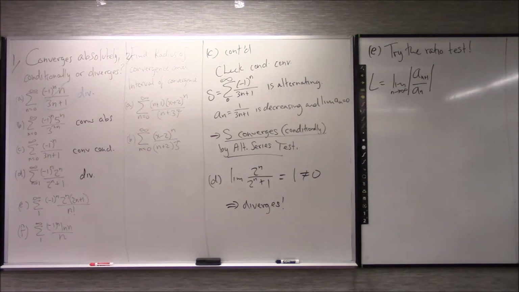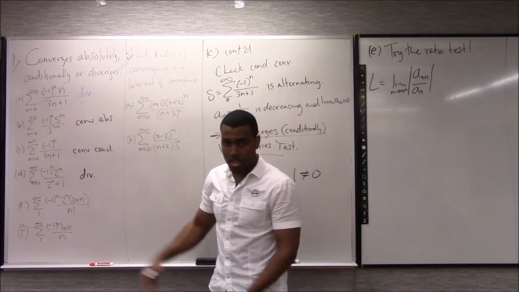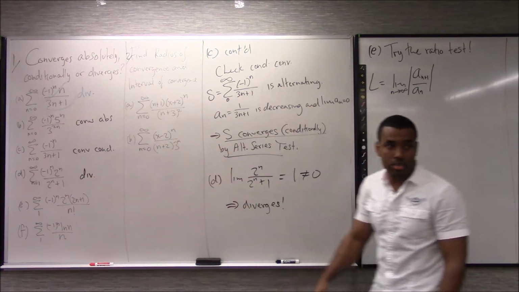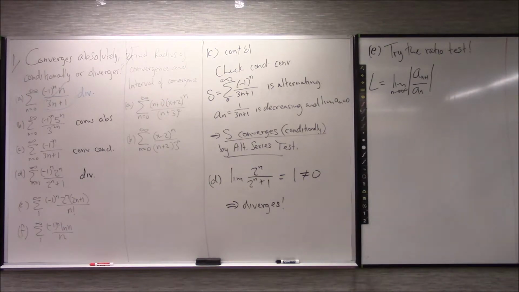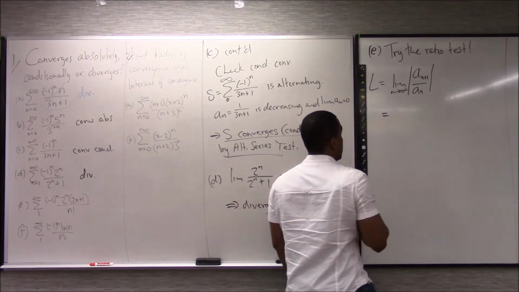But in this case, it's definitely going to be one or the other, because we can see that the numerator and denominator are of different orders. It's definitely going to be conclusive here. So we're looking at that limit, and based on its size, we can see what happens.